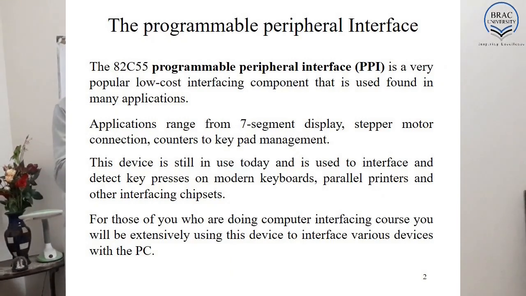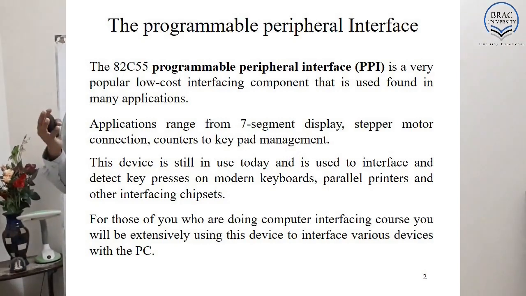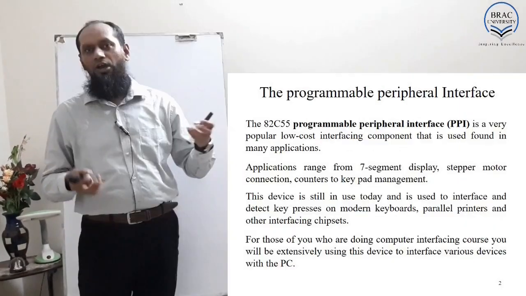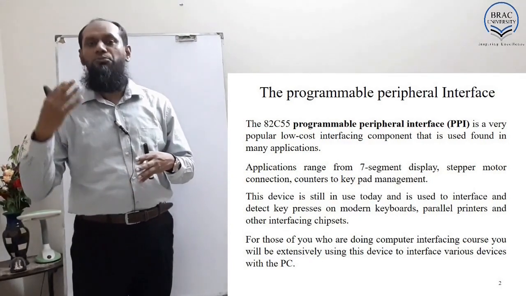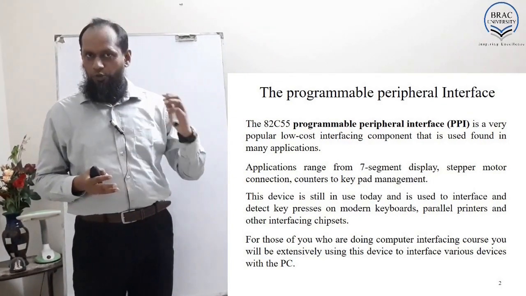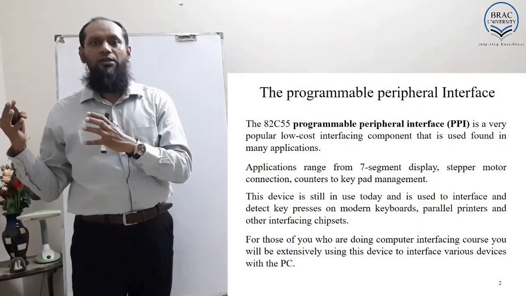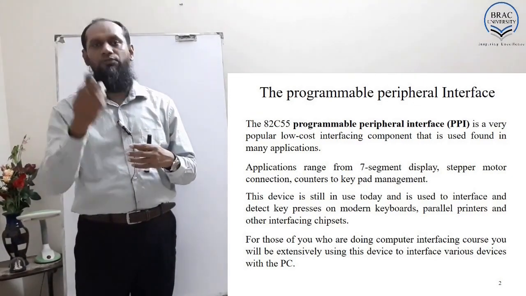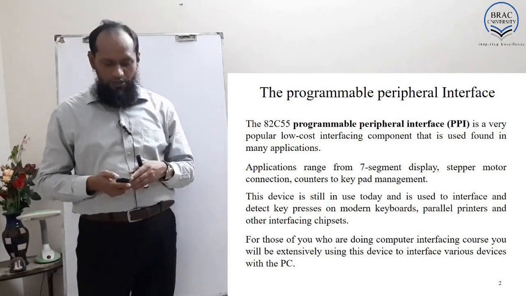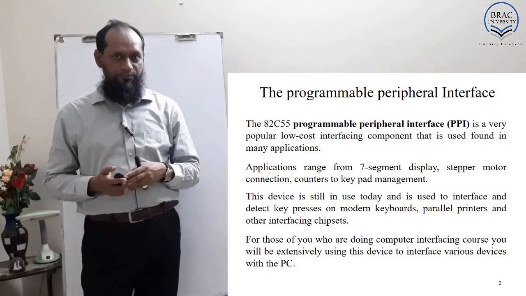According to this information, this is a very popular, common interfacing IC that can be used for very low-level interfacing like 7-segment display, LED, or even stepper motor or other DC motor controlling, to high-level interfacing with peripherals like keyboard and mouse. So it can be useful all over.